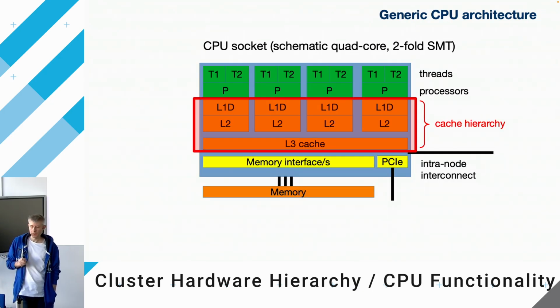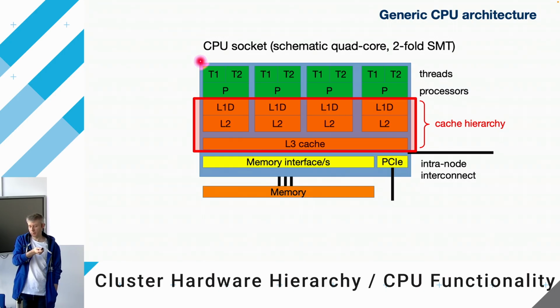And then we have our cache hierarchy. This means that if we have our CPU cores here, our little processors, then we have our memory on the bottom that is connected via the memory interface of the CPU.